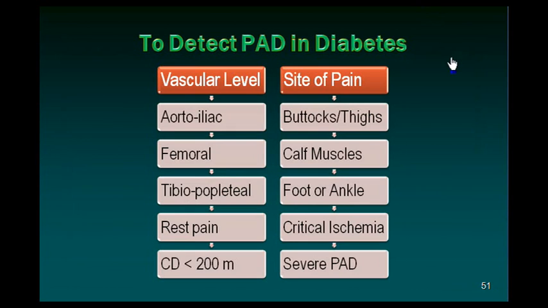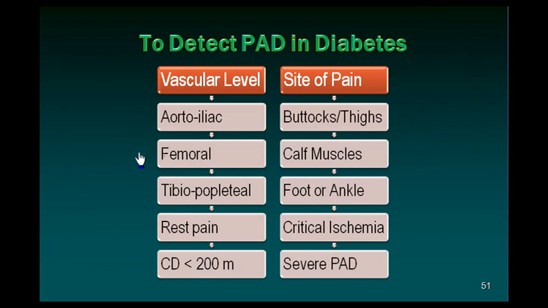Can we infer the level of narrowing of the blood vessels depending on the site of the pain? Yes. If the patient complains of ischemic pain and intermittent claudication in the buttocks and thighs, surely the obstruction is at the level of aorto-iliac blood vessels. If he has pain in the calf muscles on walking and intermittent claudication in the calf muscles, the obstruction is high above the calf muscles.